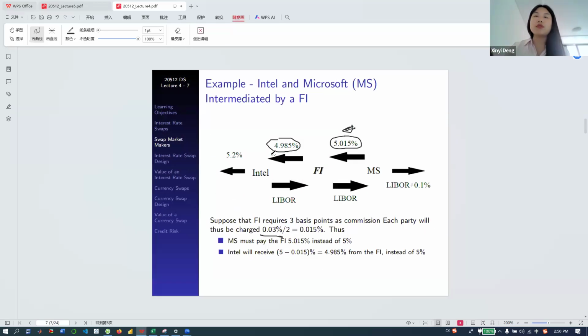But now to account for that commission, they receive less than 5%. To reflect the commission, we subtract 0.015% from the rate they receive. So now instead of 5%, Intel is receiving 4.985% from the financial institution.